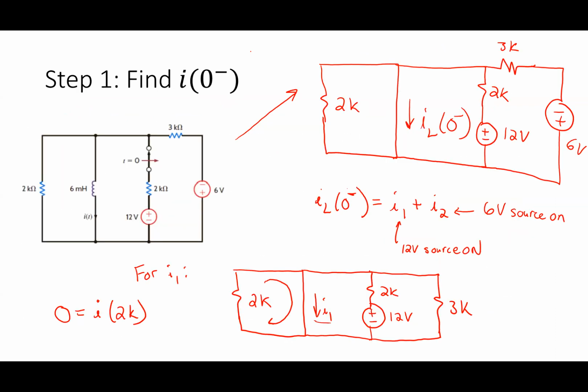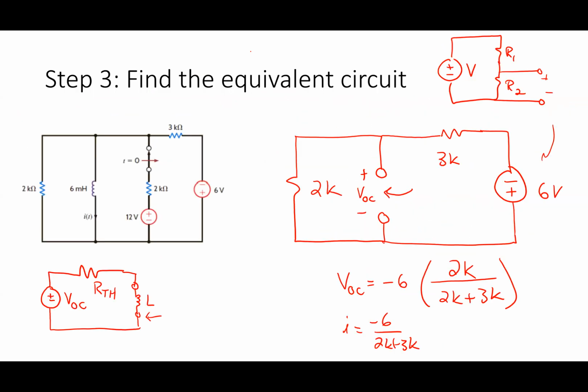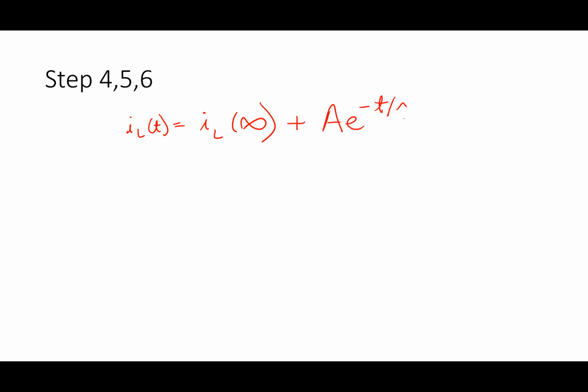And I gave this guy a general form. For step 5, I have IL of t equal to my final value, IL of infinity, plus A e to the negative t over tau.